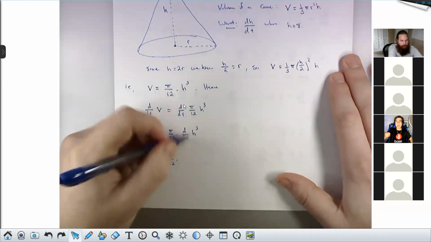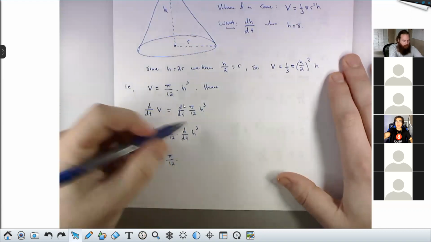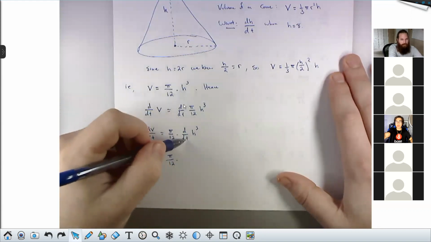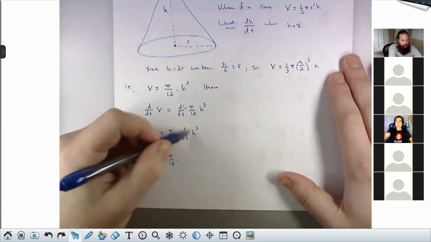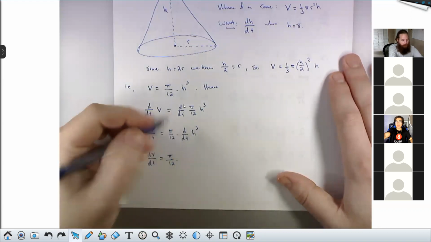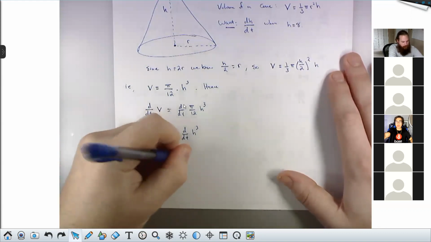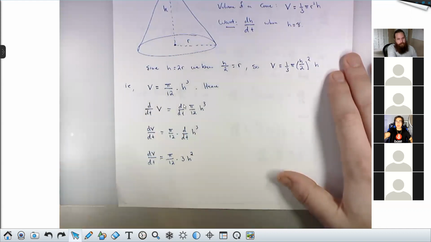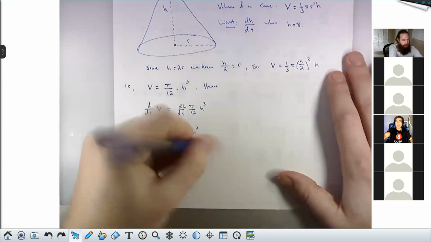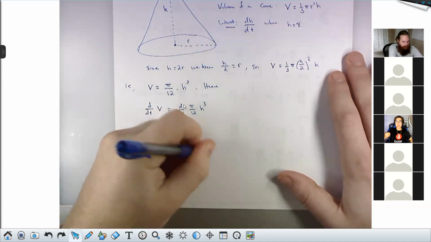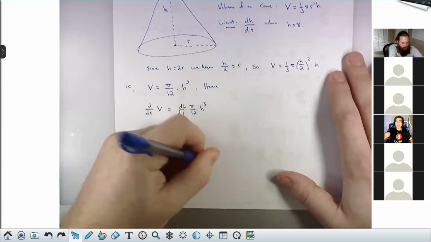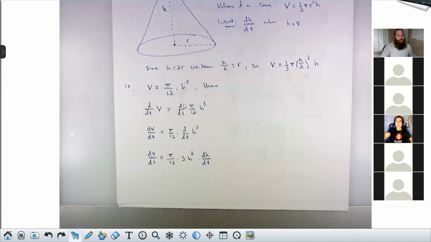Now I take this derivative, and again, it's a chain rule thing, right? I'm differentiating with respect to t, so h here is understood to be a function of t. So I'll have 3h squared, that's my derivative of the outer, times dh/dt. That's the derivative of my inner.